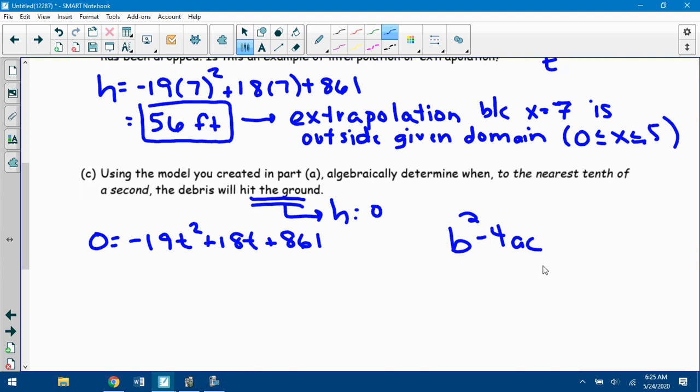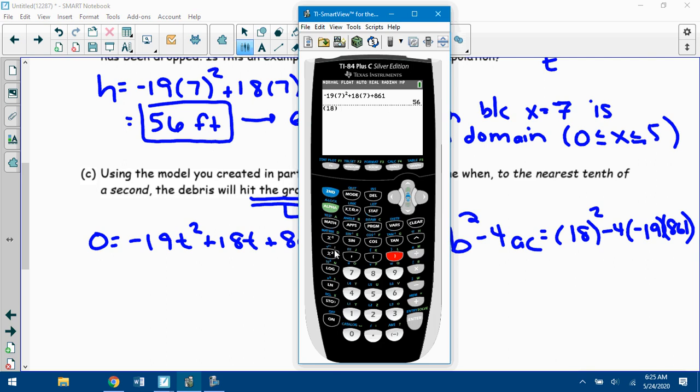So b squared minus 4ac is 18 squared minus 4 times negative 19 times 861. Let's see what that number comes out to be. So 18 squared minus 4 times negative 19 times 861.